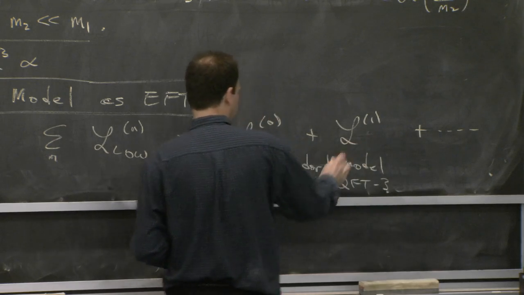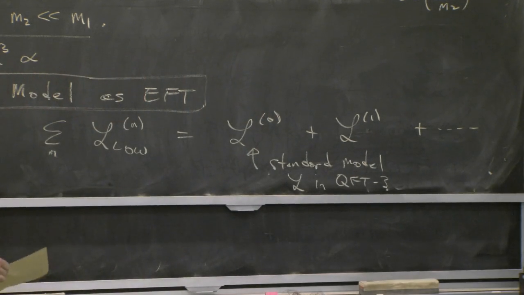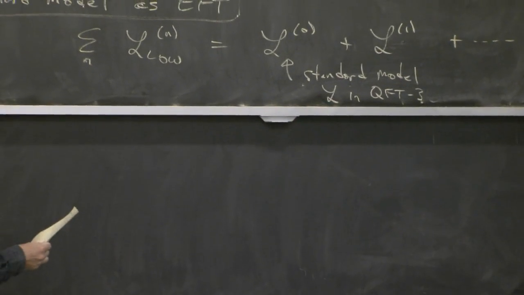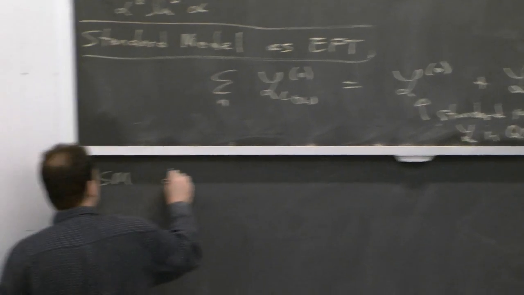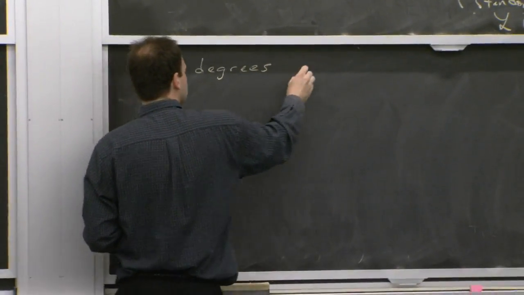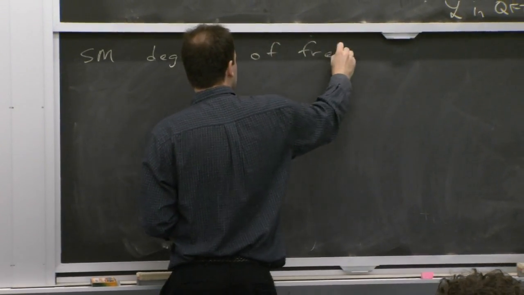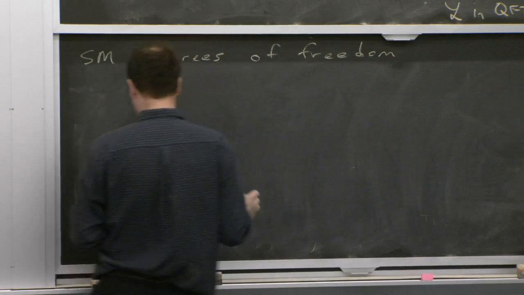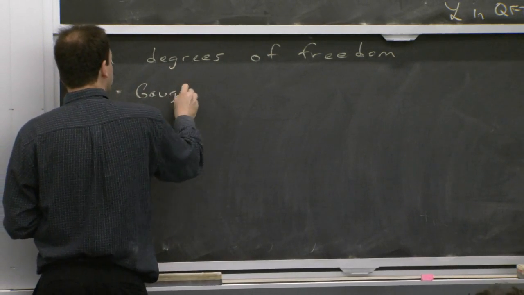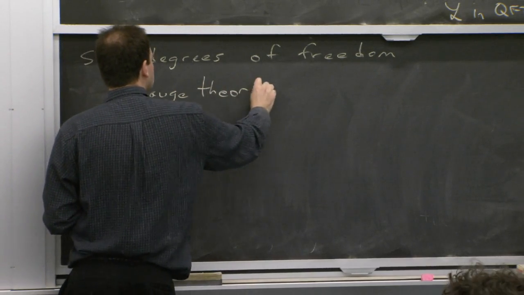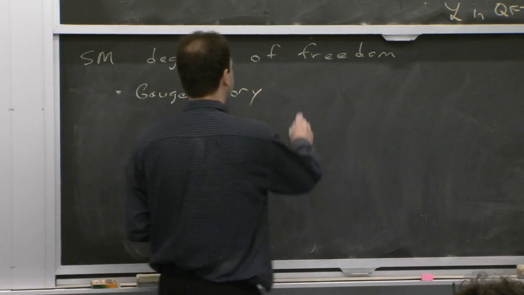So what we'll mostly be interested in is the higher order terms. But let me nevertheless remind you of what the degrees of freedom were in the standard model. So you at least know what the players are when we go to talk about L1. So it's a gauge theory.